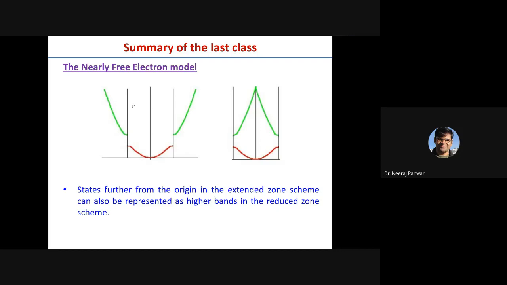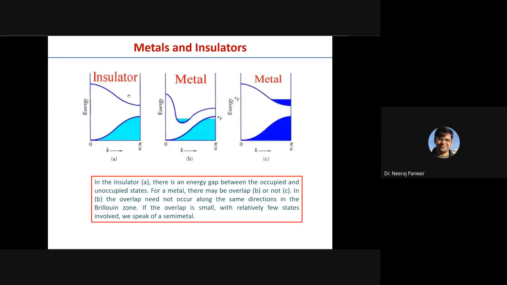Still, it can be transferred because it is in the extended zone scheme, and the same can be transferred to the first Brillouin zone, and whatever we get, this is known as the reduced zone scheme. So higher bands can be transferred to the first Brillouin zone, and we can construct the reduced zone scheme for the nearly free electron model as well.